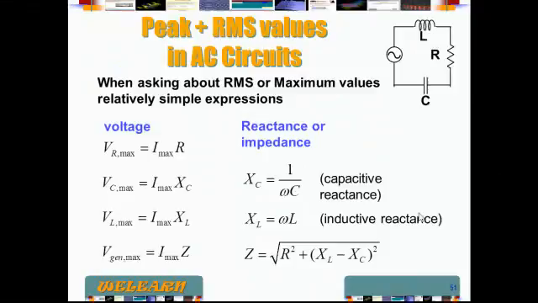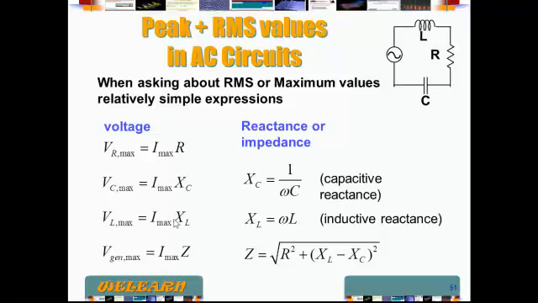In summary, for an RLC circuit in series, we can use Kirchhoff's rule for any instant, but for RMS or maximum values, peak values, we have these expressions. For voltage, VR max is going to be I max R, or VR RMS is I RMS R. And we have a similar expression for VC, but instead of R, we have the reactance XC.